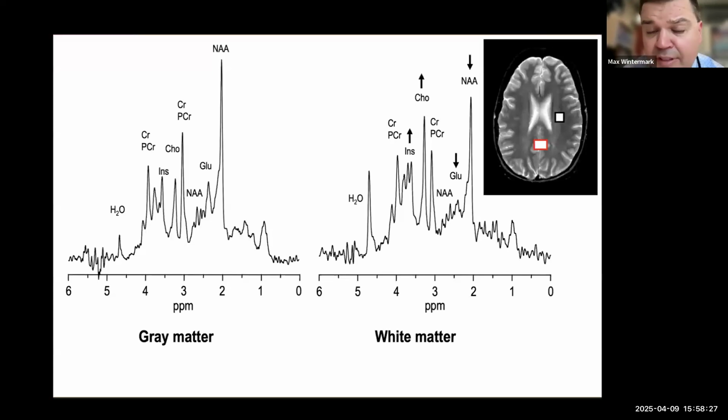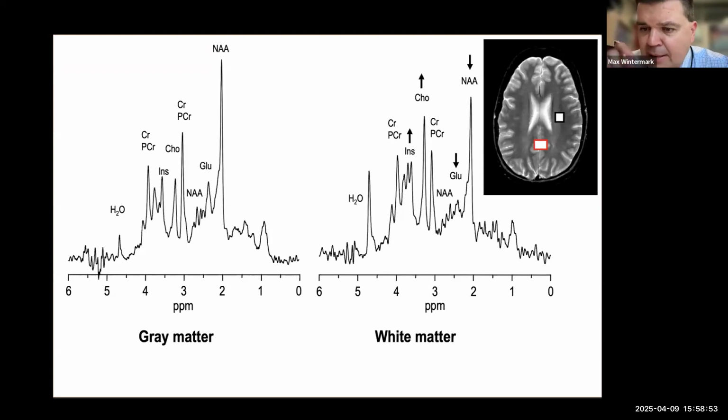Typically, you're still looking at hydrogens, but hydrogens that belong to different molecules compared to the water molecules. When the hydrogens belong to the water molecules, they oscillate at a certain frequency. But when the hydrogen belongs to a different molecule than the water molecule, it oscillates at a slightly different frequency.